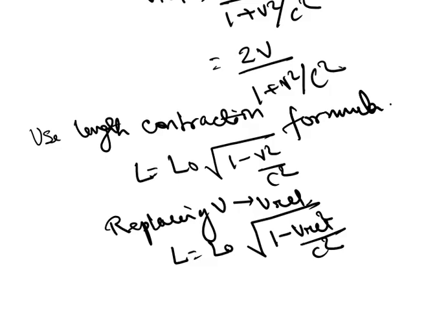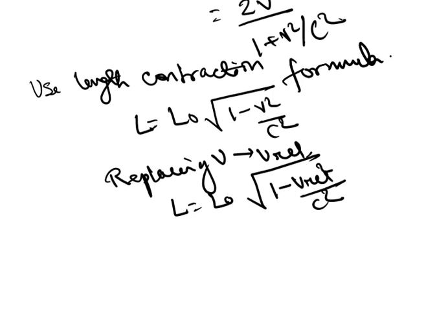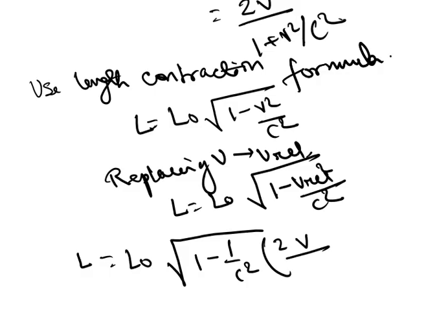So putting the value of v_rel from the above equation, we have L equal to L0 into root of 1 minus 1 by c square into (2v over 1 plus v square by c square) whole square.